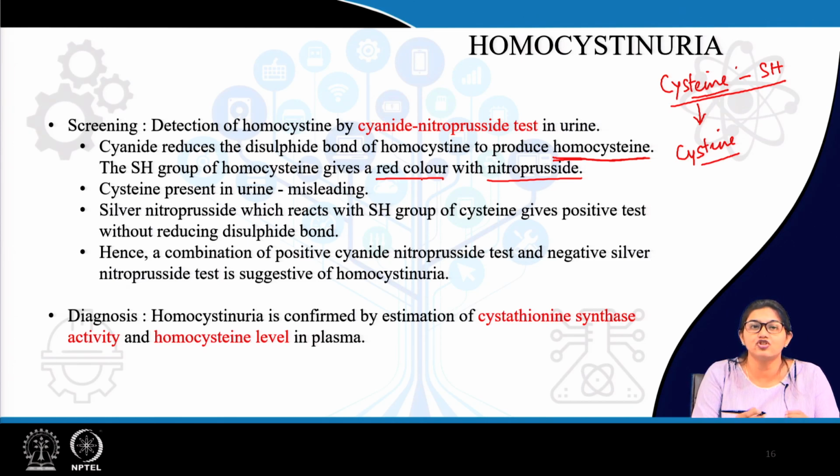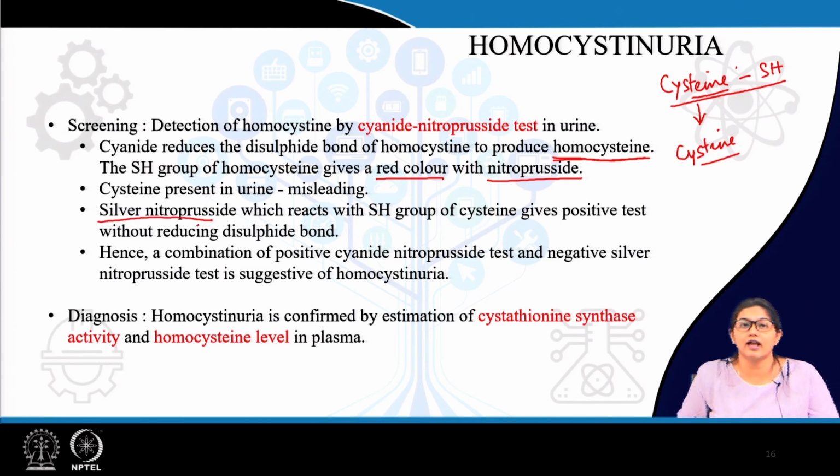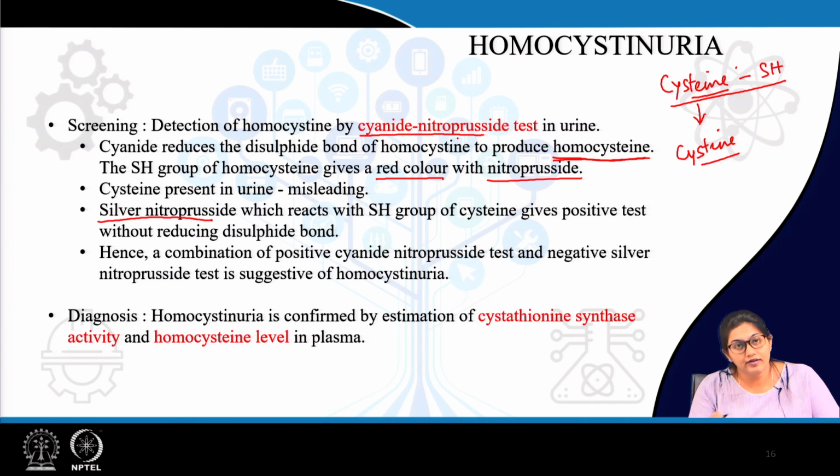So, how to differentiate? With the help of the silver nitroprusside test. Here we have talked about the cyanide nitroprusside test, and this is the silver nitroprusside test, where there is no cyanide. So, basically in silver nitroprusside, the disulfide will not be reduced, whereas cysteine will form a red color.